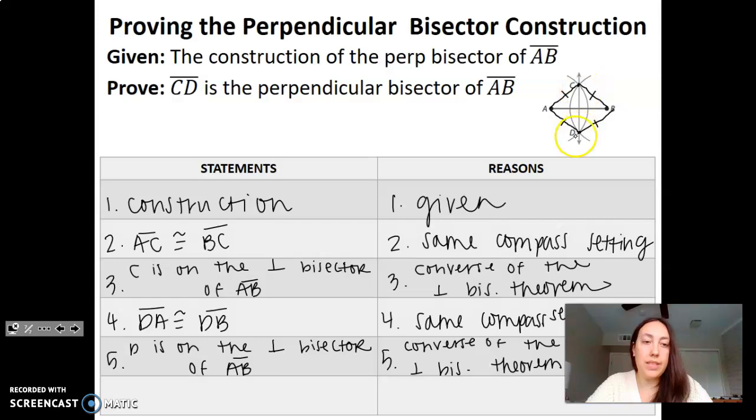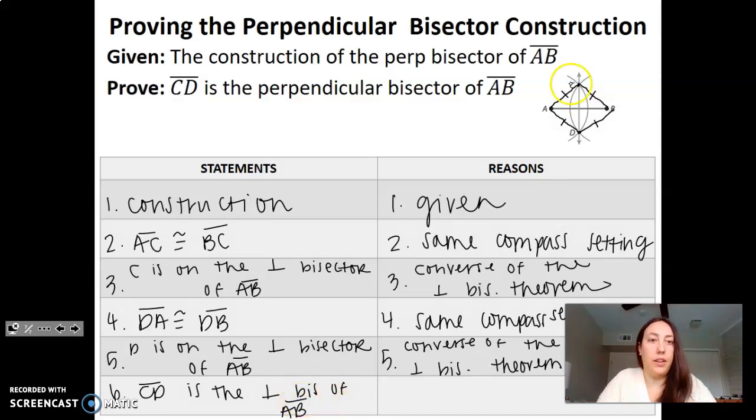So if both points C and D are on the perpendicular bisector, it's easy to say that CD is the perpendicular bisector of AB. Well, because 2 points make a line, obviously, if they're both on the perpendicular bisector and those two connect. 2 points make a line.